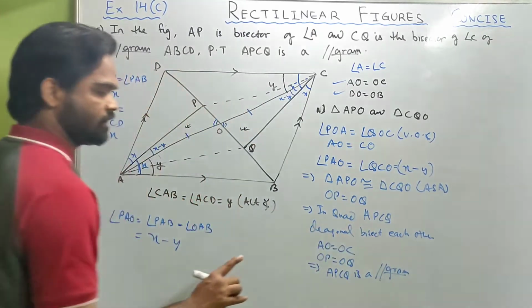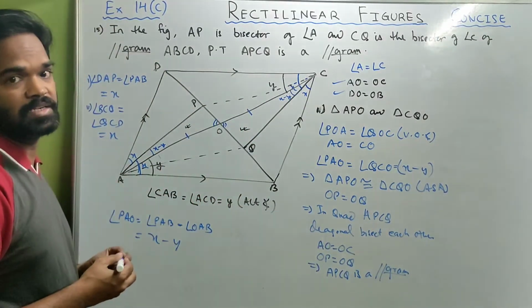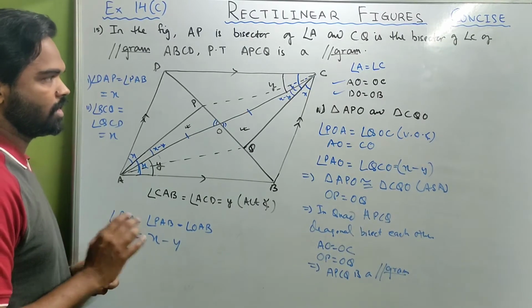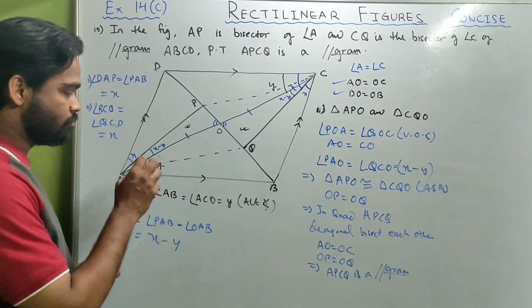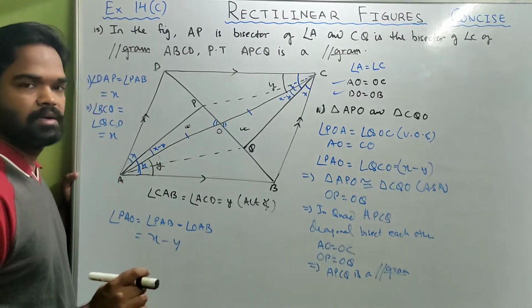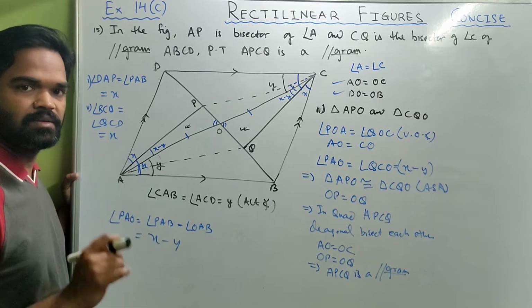Remember, in a quadrilateral, if the diagonals bisect each other, then it's a parallelogram. Okay, draw the diagram properly, mark the angles and do it. Easy. Now let us look at the next sum.